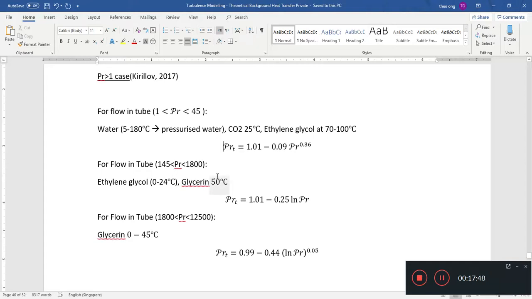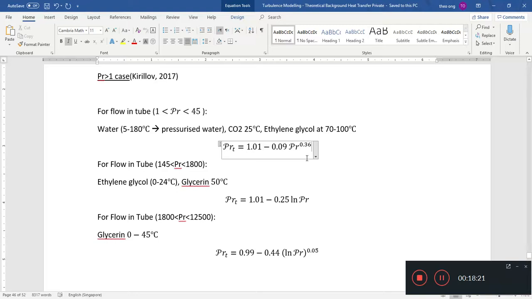And they try to match it to some data, or sort of back calculate it. So you have the turbulent Prandtl number as a function of the Prandtl number, from 1 to 45. They use data for water from 5 to 180 degrees C. Remember, this is pressurized water. CO2 at 25 degrees C, and ethylene glycol at 70 to 100 degrees C. So the turbulent Prandtl number is 1.01 minus 0.09 Prandtl number to the power of 0.36.